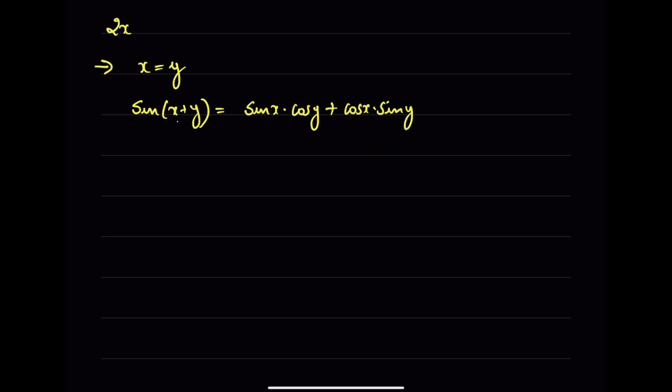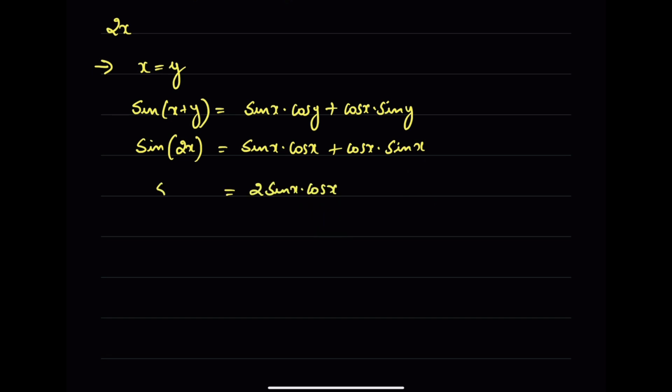Now if we apply x is equal to y, we get sin 2x, which is equal to sin x cos x plus cos x sin x, which is nothing but 2 times sin x cos x. So sin 2x, this is one of the first formulas. Sin 2x is equal to 2 sin x cos x.